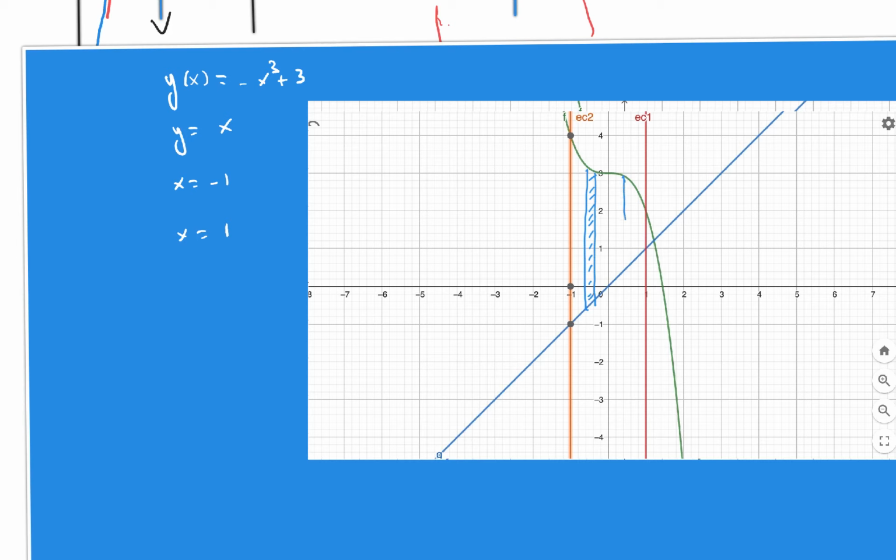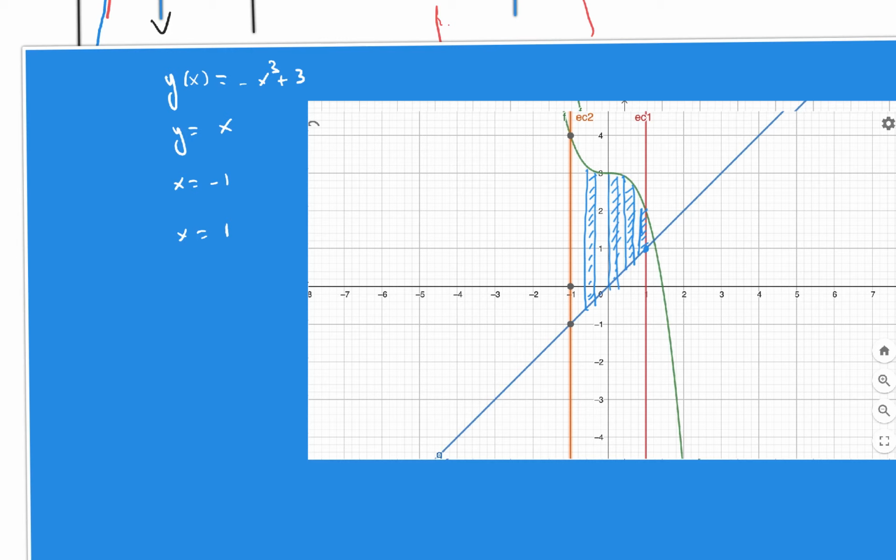To make sure that all the pieces are with the upper function, the upper function is always the upper function from x equal minus 1 to x equal 1, so this is the area that I'm finding, all this area. The upper function is always the upper function, and the lower function is always the lower function. So no problem in this problem. Let's go to do the problem.